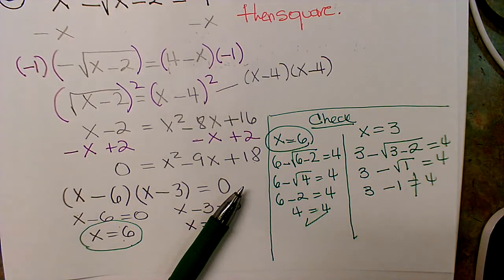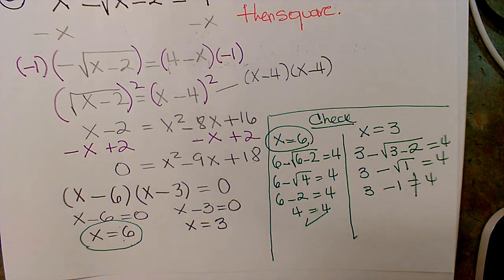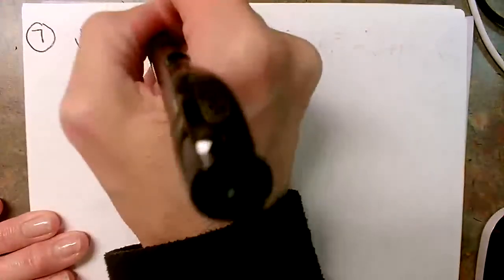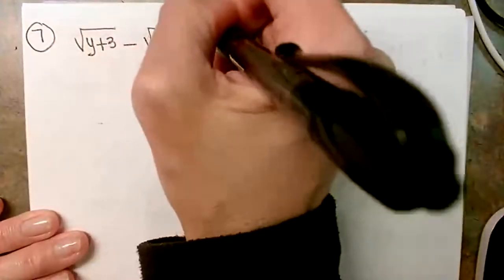Now, look at this one. This is the square root of y plus 3 minus the square root of y minus 3 equals to 1.